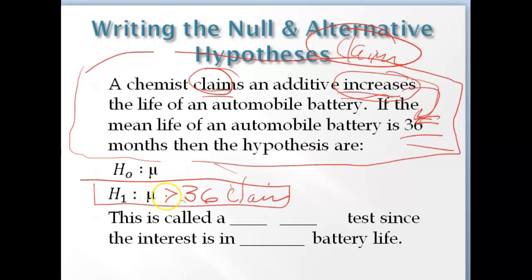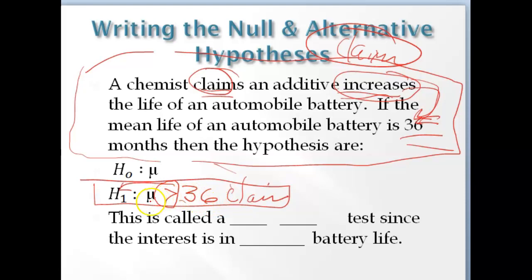Now, again, the alternate hypothesis always contains inequality. It's either going to be greater than, less than, or not equal to. Once you identify the claim and identify it as either the null or alternate hypothesis, the other one is easy to write. Here the claim is mu is greater than 36.